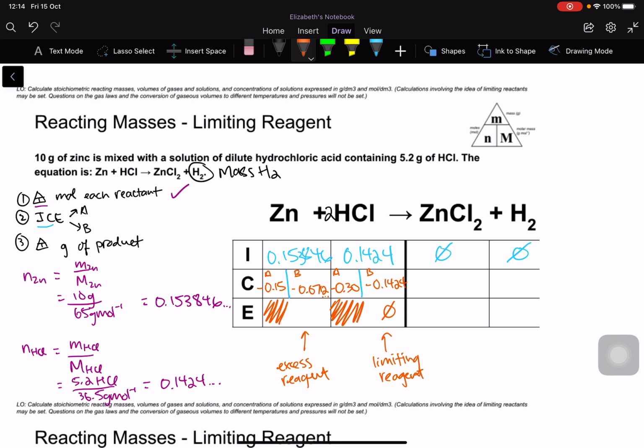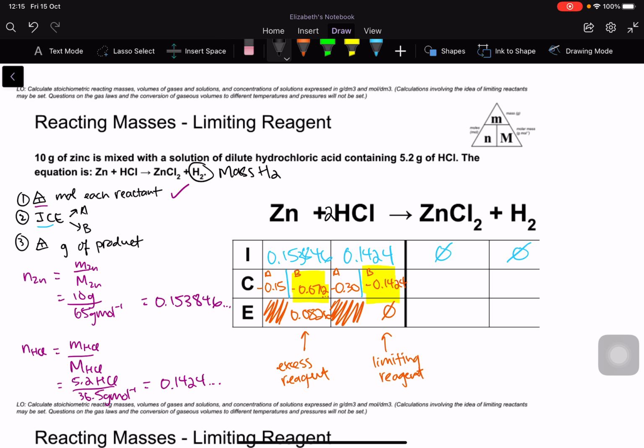And to figure out how much I have left over, all I have to do is the subtraction. So 0.153846 minus that gives us 0.0826. Okay, but we still haven't found the amount of H2. Now remember, we're only following situation B because that's the one that exists.